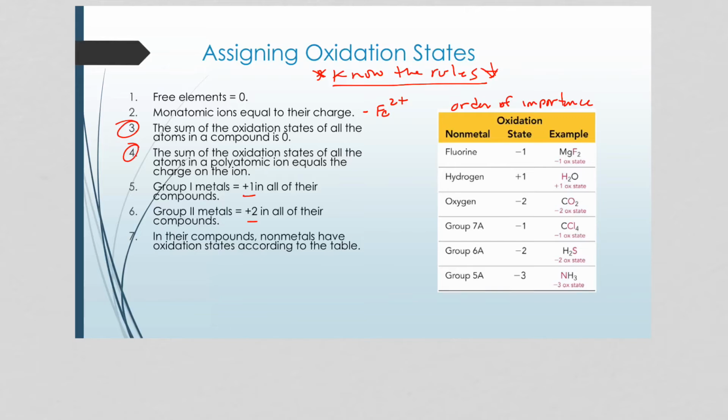The highest priority is fluorine, and fluorine in a compound will always be -1. Hydrogen will almost always be positive 1 in a compound. Oxygen has the next highest priority and takes on a -2 oxidation state, and it will always be -2. One exception that you might run into is in peroxides, where it's going to be -1.